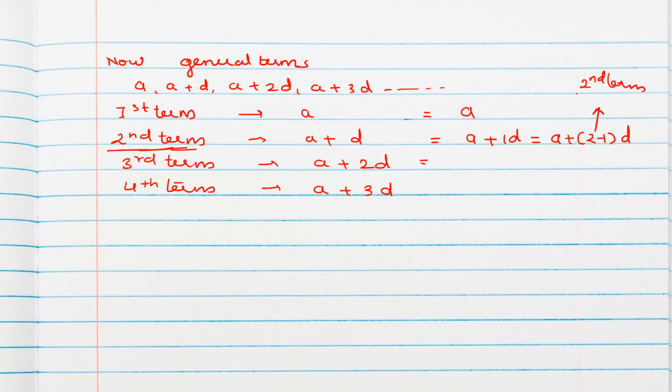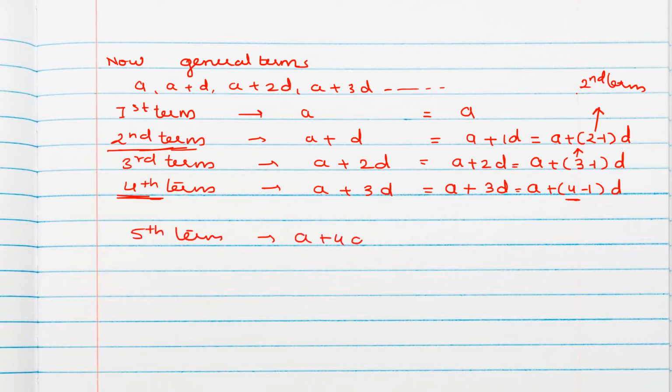Now A plus 2D, we can write as A plus (3 minus 1)D, where 3 is the third term. Similarly, A plus 3D we can write as (4 minus 1)D, where 4 denotes the number of the term. Fifth term, we can write A plus 4D, and A plus 4D means (5 minus 1)D.